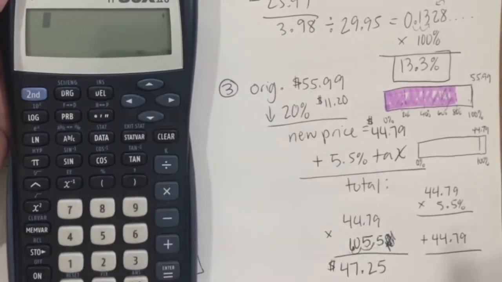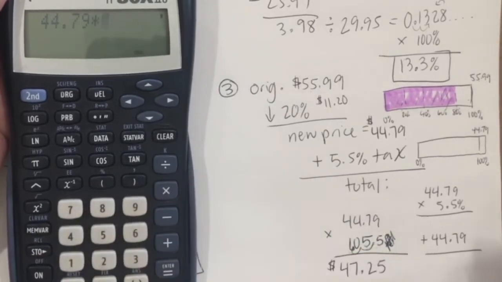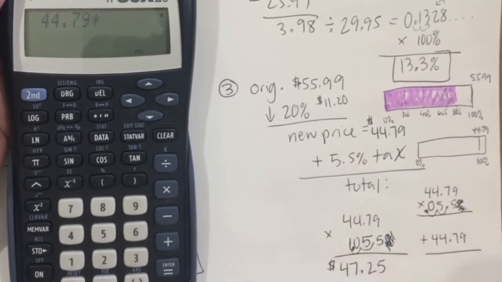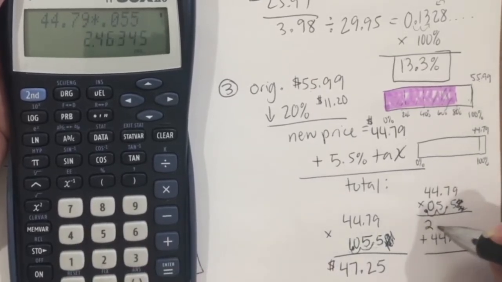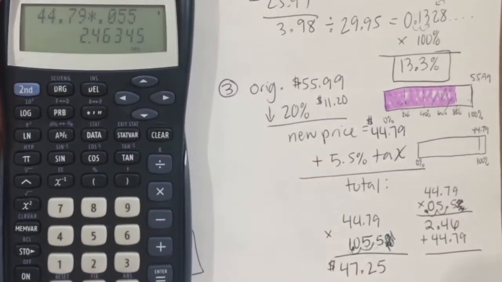Let's do it the two-step method. 44.79 times 2 decimal places. Now it's not a percent, it's a decimal. 44.79 times 0.055 equals 2.46. The 3 makes the 6 not round up.